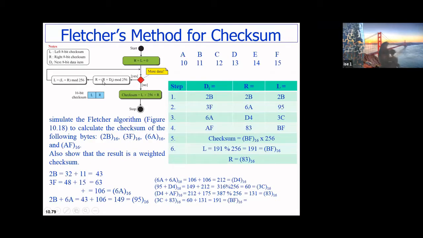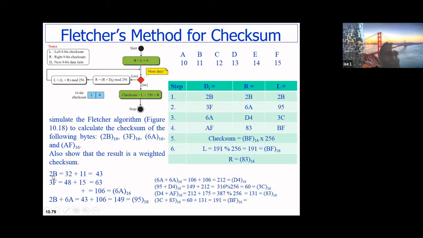Now R plus D2. D2 means data 2. Initially R was 2b. Plus, now what I am reading is the second data, 3f. So 2b plus 3f. Are you getting my point? This R was 2b in step 1, and plus the new data that I have read, that is 3f.